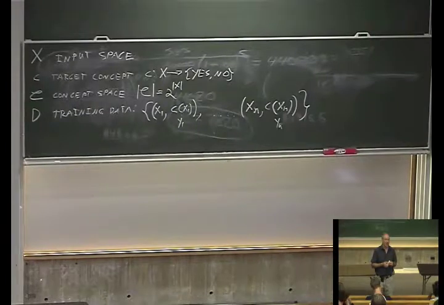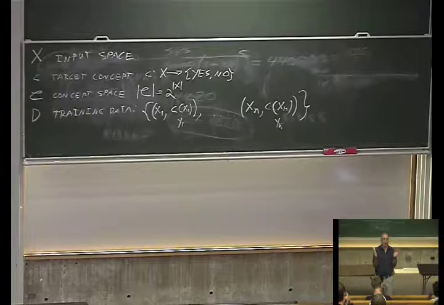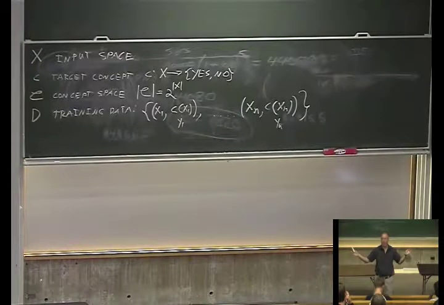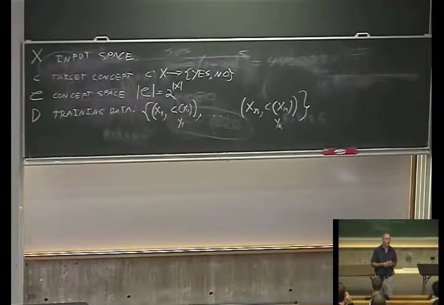So if you're thinking of learning C, we typically think of learning a concise or compact representation for it. Learning, in a reasonable way, some description that can be applied to any input. But it's also possible to just enumerate all the values that C takes on all the inputs, and that's C that way. If the input space is too large, maybe you can't do that.